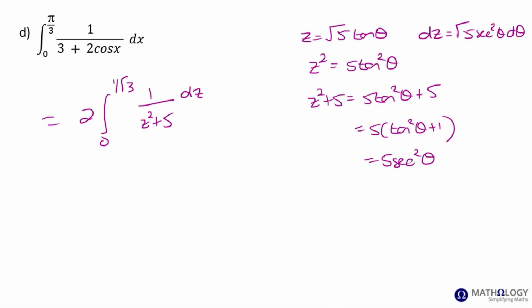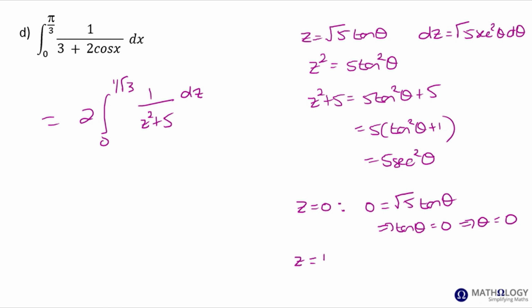We also need to establish the limits of integration, so when z equals 0, we have 0 equals root 5 tan theta. That implies that tan theta equals 0, which implies that theta equals 0. And then when z equals 1 over root 3, we have 1 over root 3 equals root 5 tan theta.